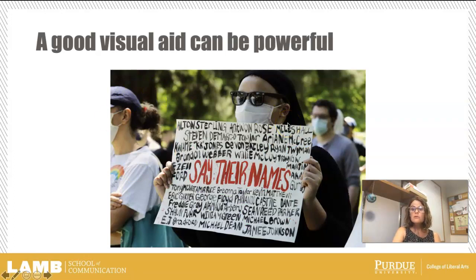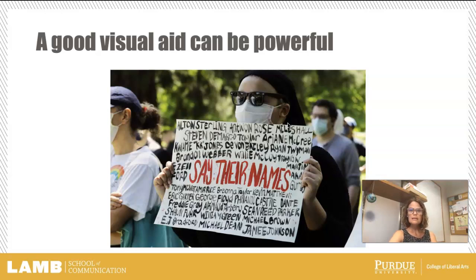Another thing a visual aid can do is it can be very powerful, particularly if you're in persuasion. And a lot of times, if you're using appeals to emotion, but even if you're using logical appeals, you can illustrate that. So here is a photo taken from a protest following the death of George Floyd in the summer of 2020.